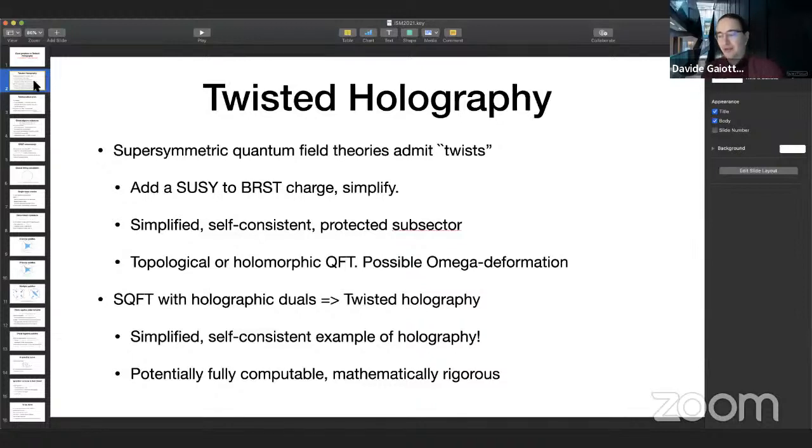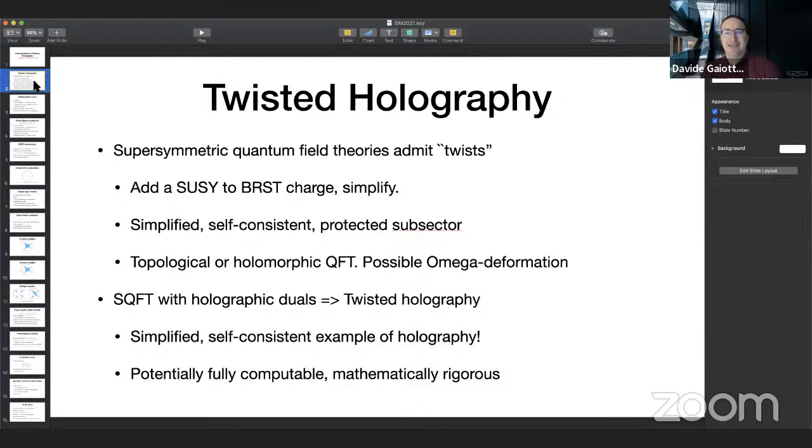And so this gives you a way to propose possible holographic duals. Although the analysis is not quite finished at the moment, there is a lack of a precise prescription to take a supergravity solution and map it to a twisted supergravity solution. And I think understanding how to do that will be really useful to progress in various directions.